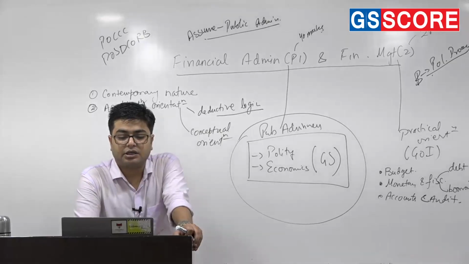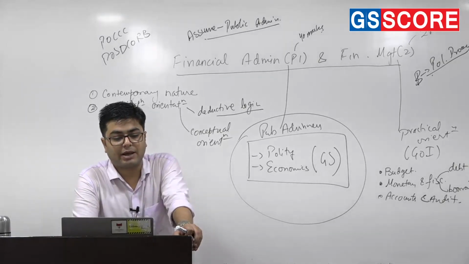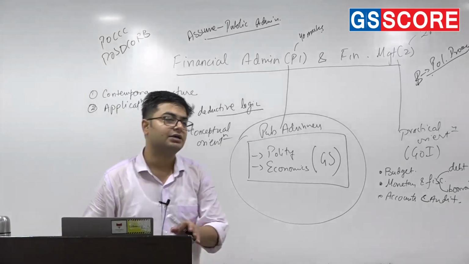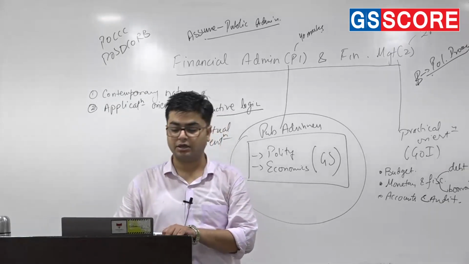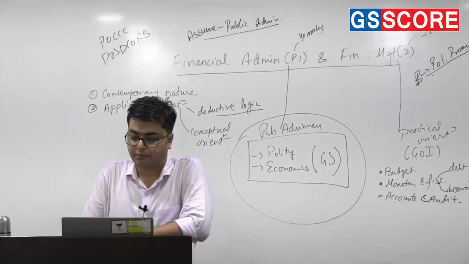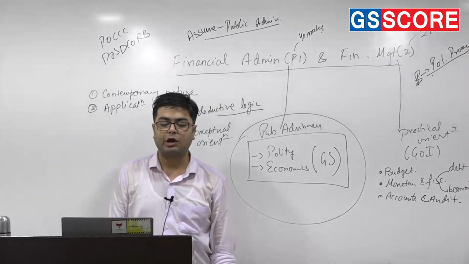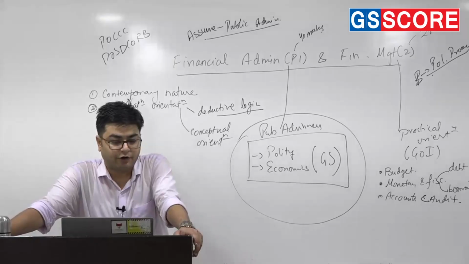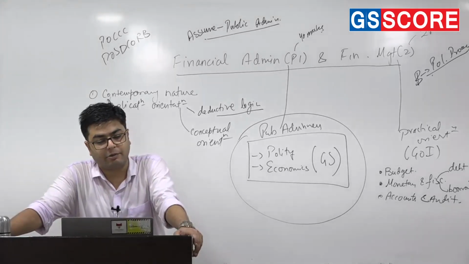Zero-based budgeting is based on program efficiency rather than budget history. In light of this statement, examine the zero-based budgeting over traditional budget. Again, comparison. Next, management of sound public finances used to be the backbone of administrative system, but unfortunately it has become the prisoner of populist policies.